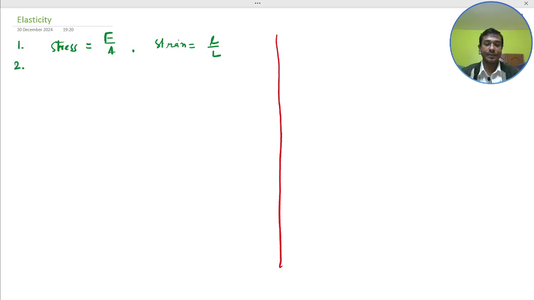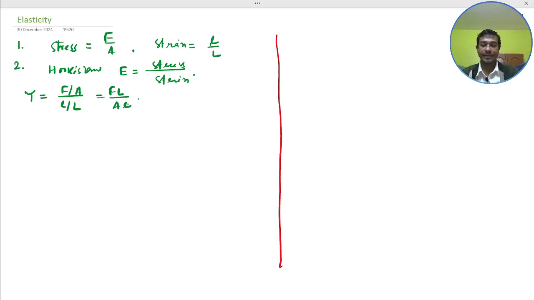Next one, Hooke's law. Hooke's law states that the modulus of elasticity E is equal to stress divided by strain. Young's modulus Y is defined as F by A divided by l by capital L, which is equal to F capital L divided by A small l.